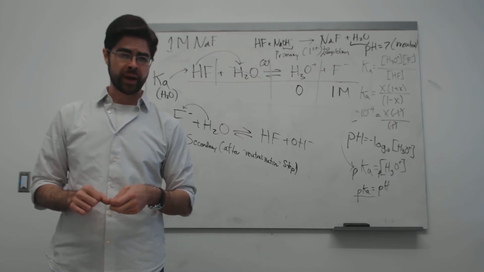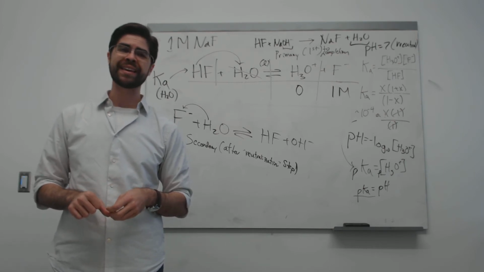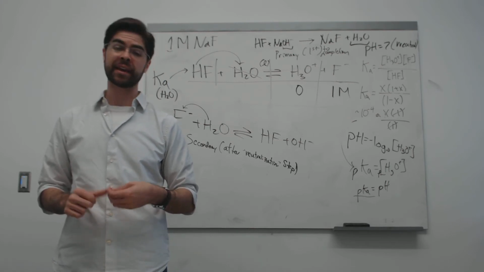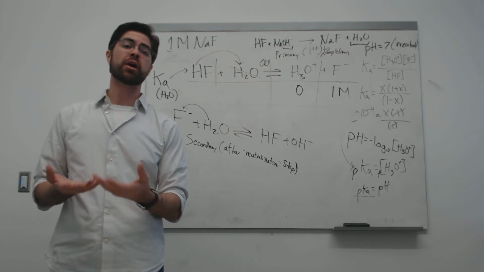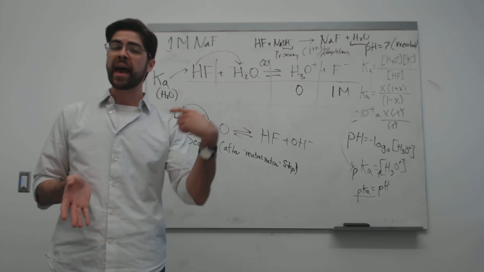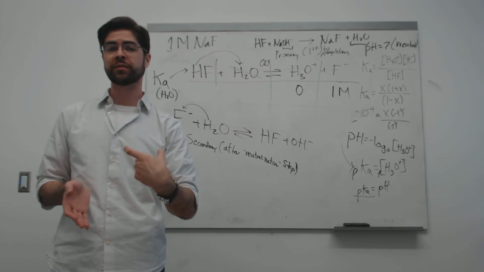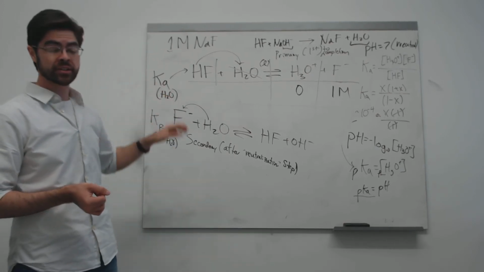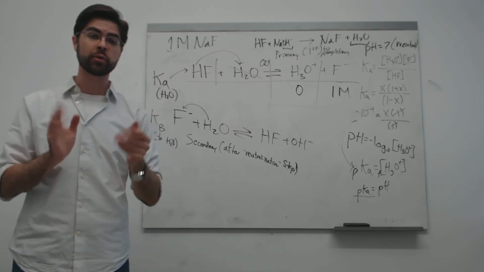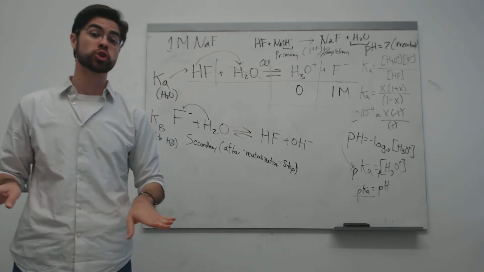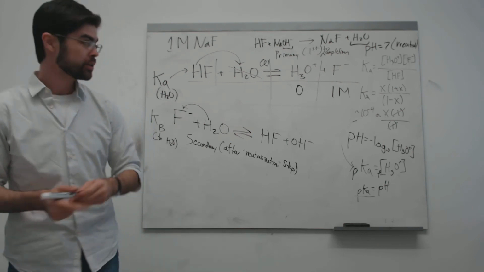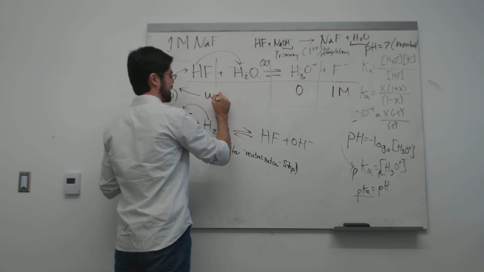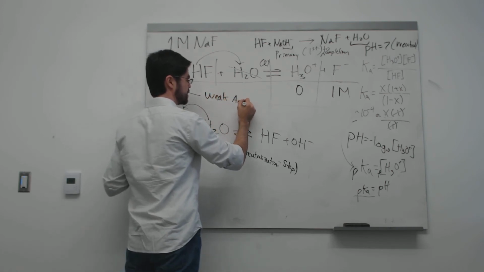Other than just memorizing them, you can assume that if I give you a problem, and the problem has an acid in it, and as part of the problem you are also given the Ka of that acid, the acid dissociation constant, you can assume it's a weak acid. If something is described by a Ka, that means that it is a weak acid.